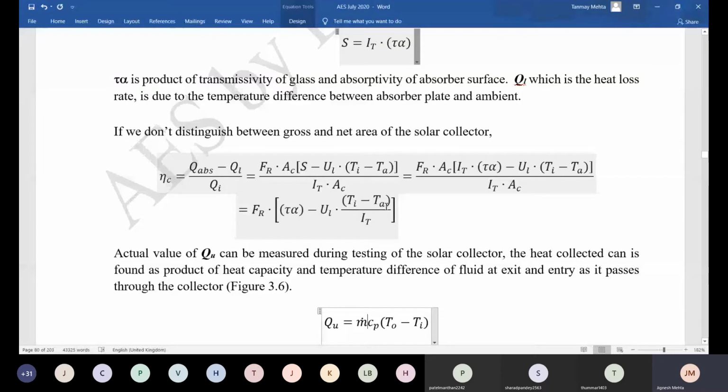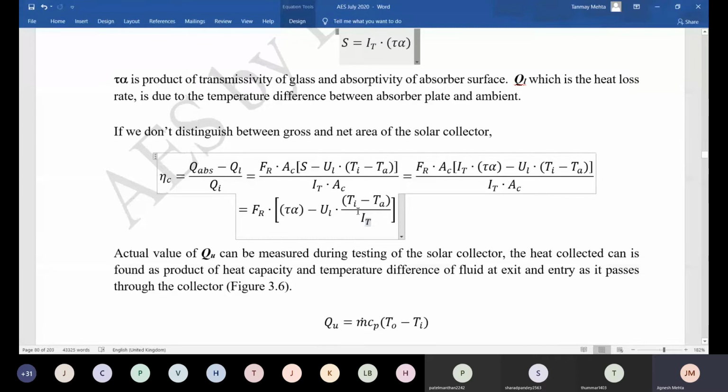Ambient temperature may not be in your control, but at a given ambient temperature, you can change TI, and accordingly you can change this parameter. And IT, that is the amount of irradiance, watt per meter square, the total heat flux falling on the collector, can be varied. So this is Y is equal to, you can say, C minus mx, right? So it's an equation of a line.